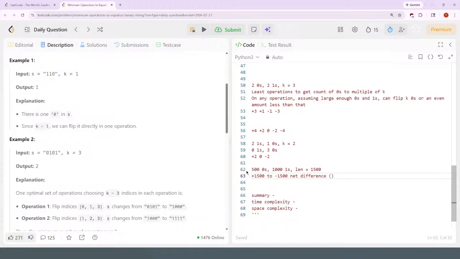Let's say this is ones minus zeros. And I'm aiming for plus 1,500.